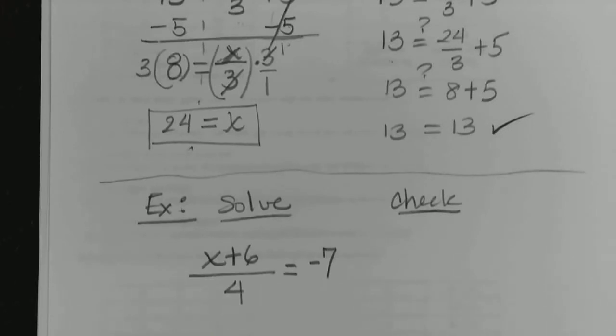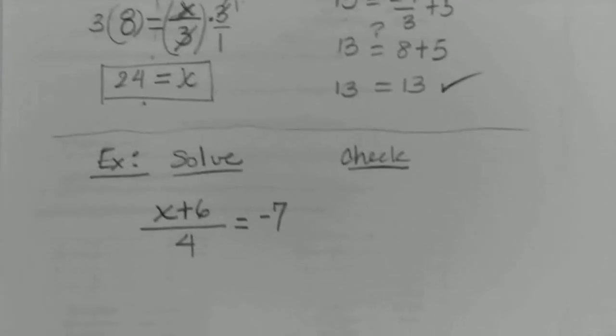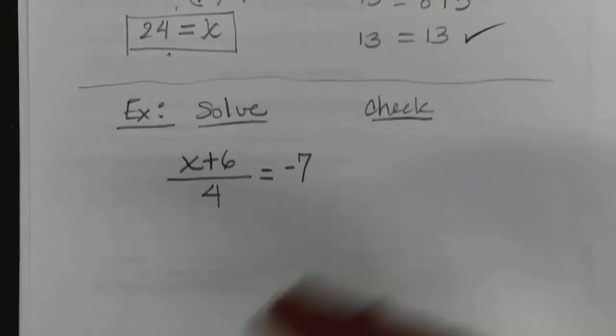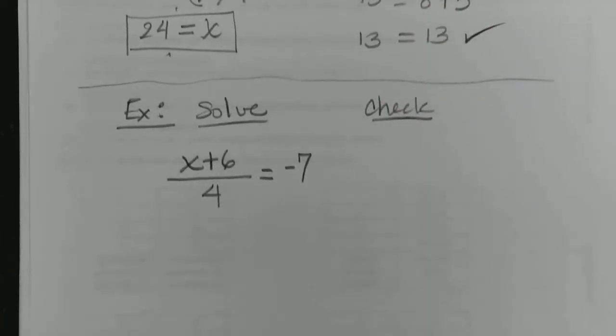Addison, do you know what we should do first? The first thing you would do would be to subtract the 6. Because I said those were my steps, right? Anybody else agree with that?